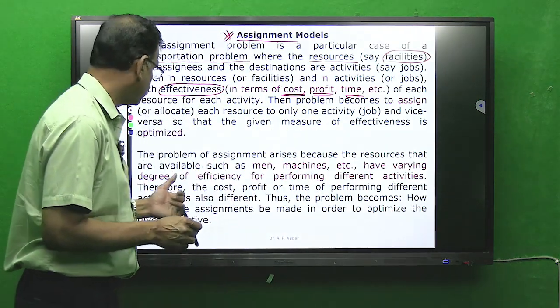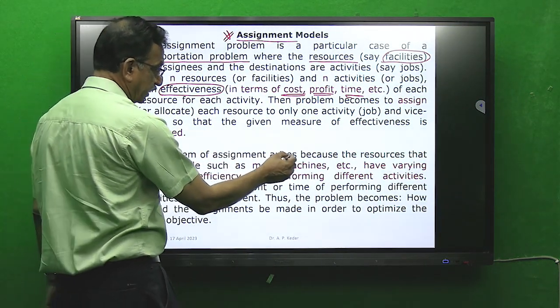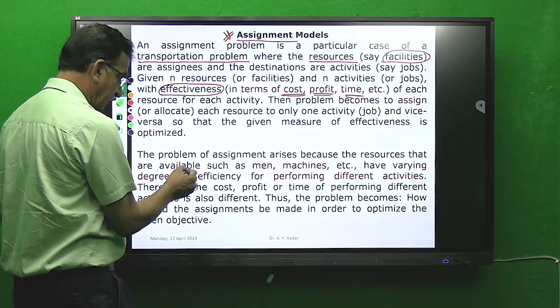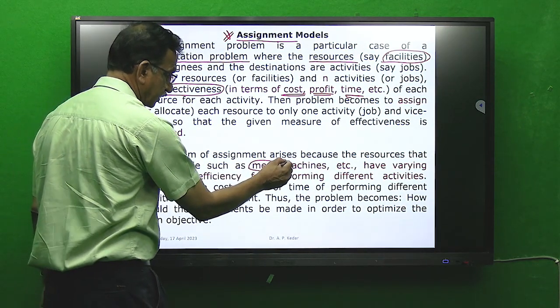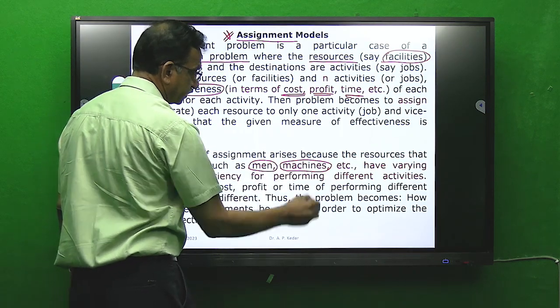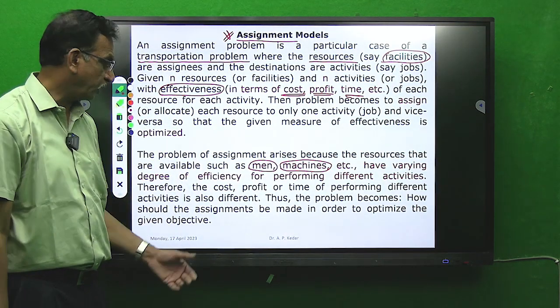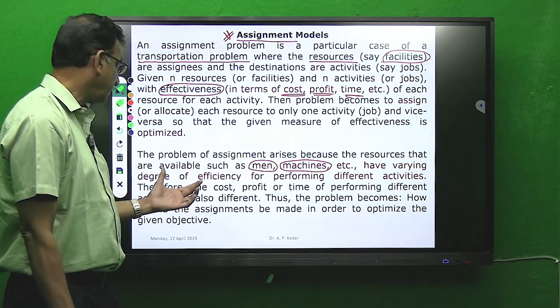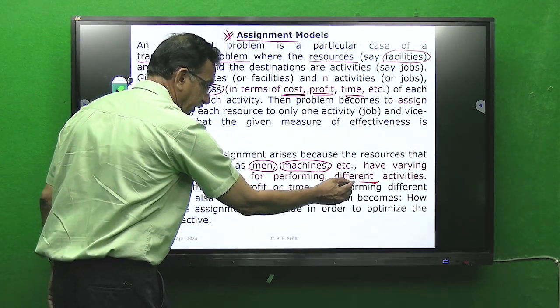And what is important, the problem of assignment arises because the resources that are available, such as the 5 M's we have seen in the very first lecture: man, machine, method, money, material, are available in varying degrees of efficiency for performance of different activities.